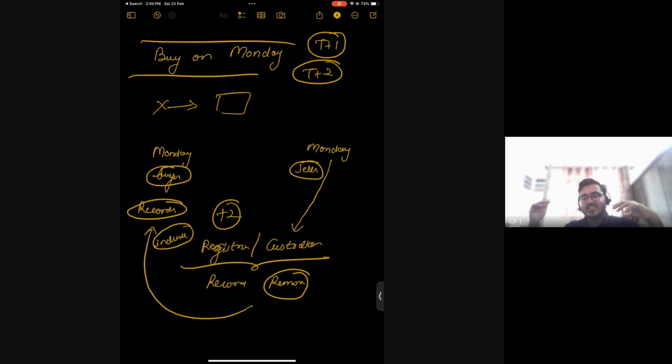The same process needs to be run, and at the back end there are multiple things which are happening. It's not as simple a process as it looks like in case of our mobile devices, right? So when you buy and sell on Monday, depending on which jurisdiction you are at, it may take Tuesday, it may take Wednesday, or it may take Thursday for the entire process to get completed.